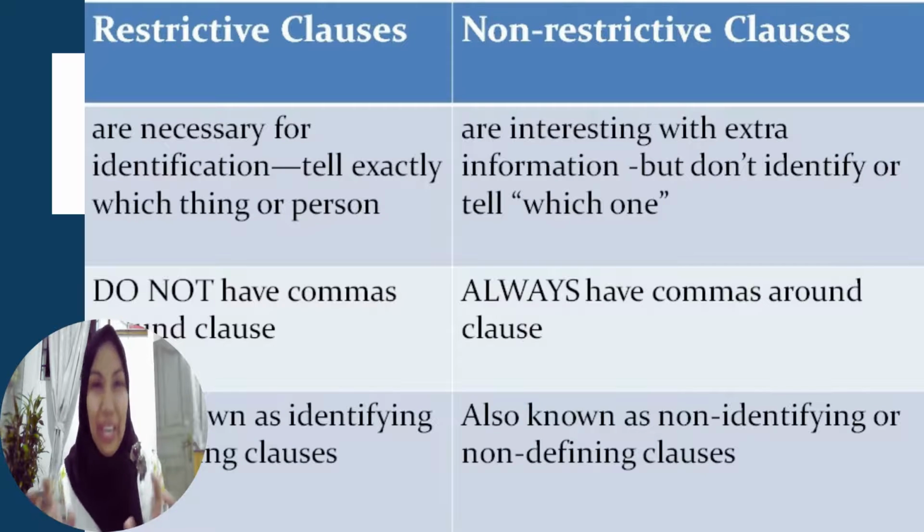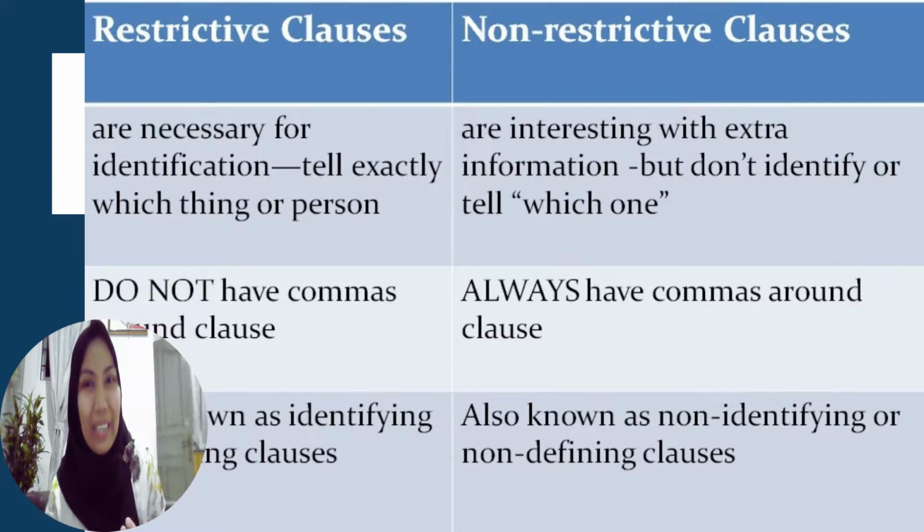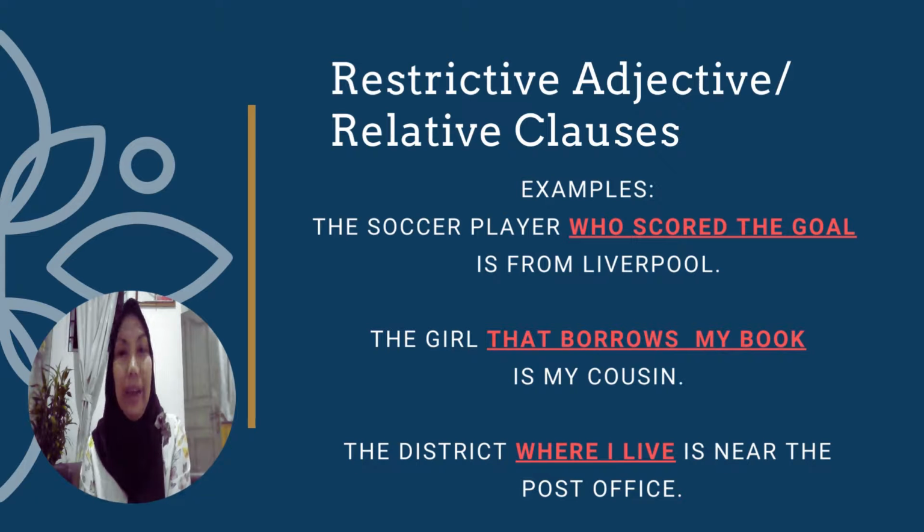Now, here are the differences between restrictive clauses and non-restrictive clauses. Can you find them and identify the difference? Restrictive adjective or relative clauses, for example: The soccer player who scored the goal is from Liverpool.